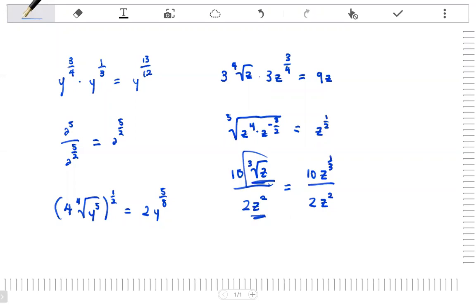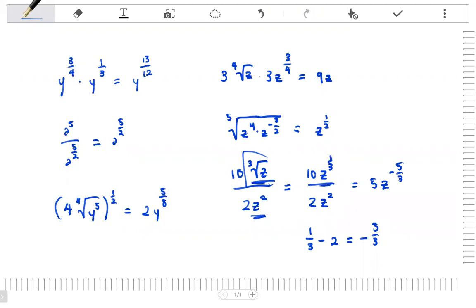And how do you do this? Well, we're subtracting. So it's z 1/3 minus 2 equals negative what? 5/3, right? So don't be afraid to have a negative. You can actually write this as 5z to the negative 3.